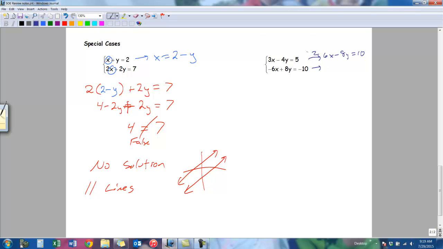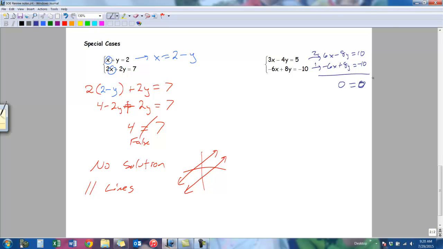Remember, hit everybody. And then the bottom equation is going to stay the same. Negative 6x plus 8y is equal to negative 10. When I add these up, the x's cancel, the y's cancel, so I'm left with nothing on this side, or 0, equals 10 plus negative 10 is 0.